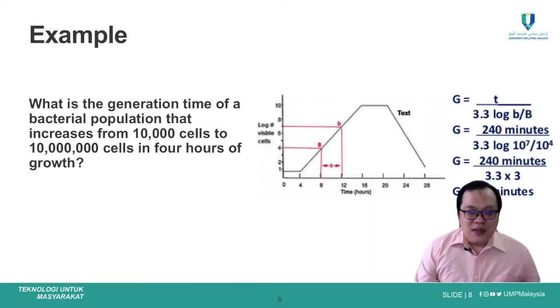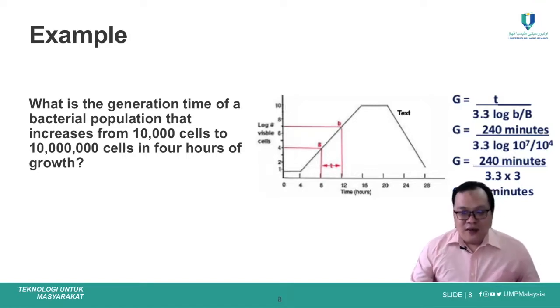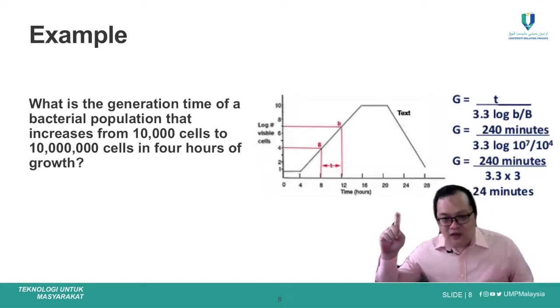We're going to substitute it: the time interval, 240 minutes, divided by 3.3 log 10 power of 7, the number of cells at the end of the logarithmic phase, divided by 10 power of 4, the number of bacteria at the initial state of the logarithmic phase. From this calculation, we know that the generation time is 24 minutes.